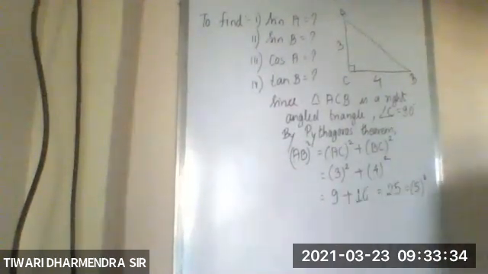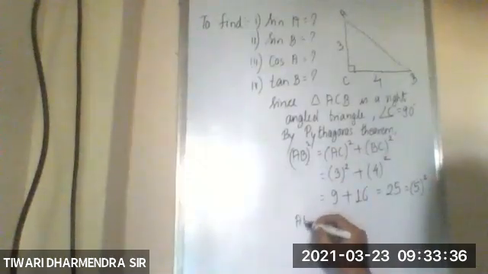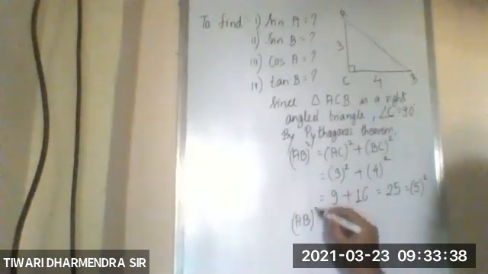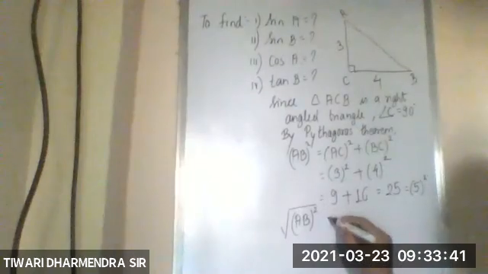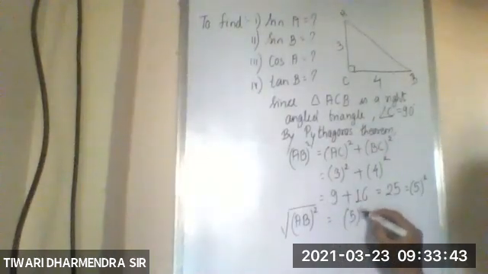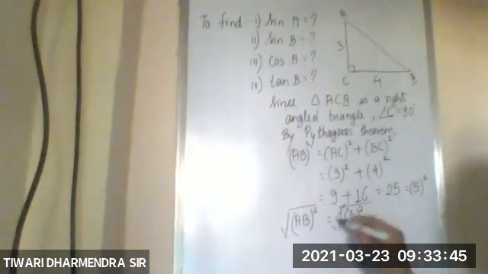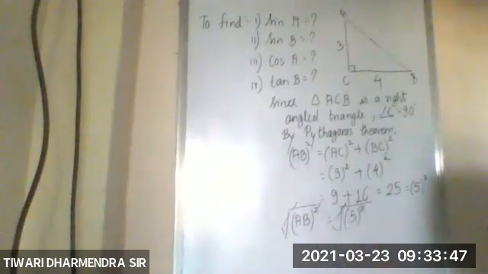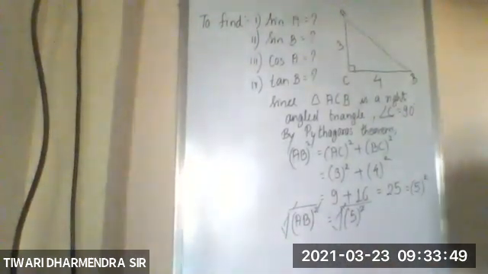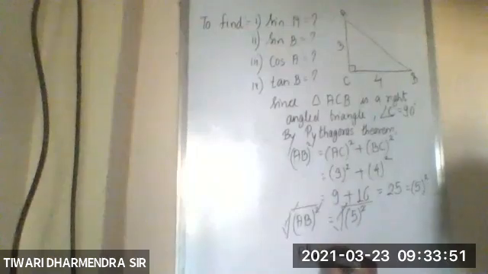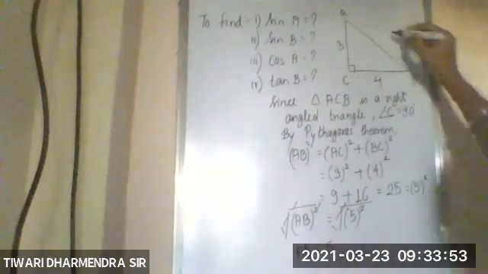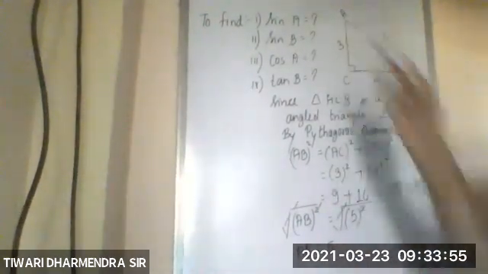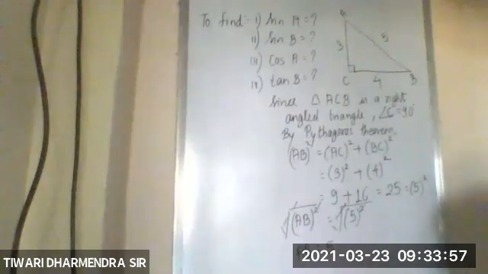Taking square root on both sides, square root and square get cancelled. So the value of AB, we got it as 5. Now we can easily find all those values, whatever they are asking us.